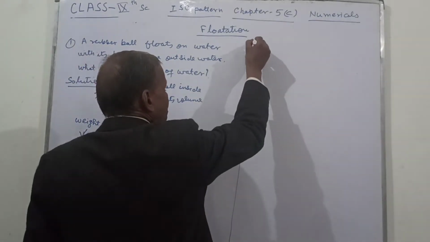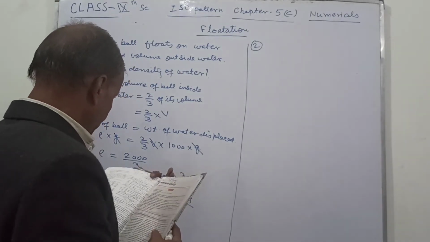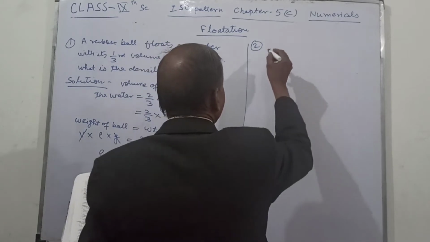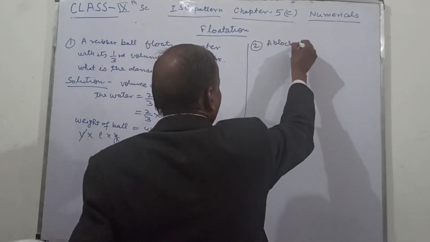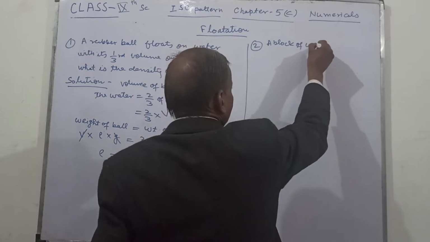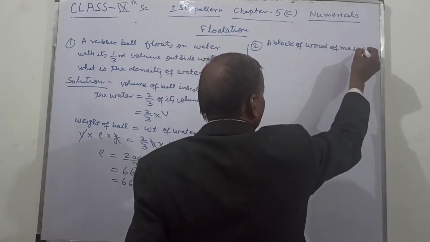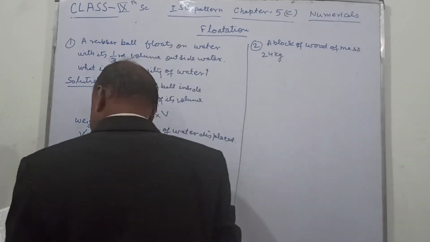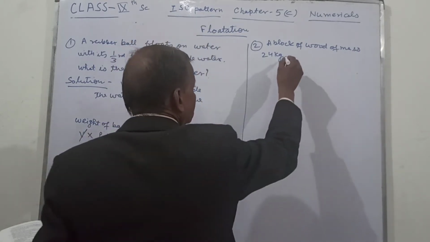Now question number 2. A block of wood of mass 24 kg floats on water.